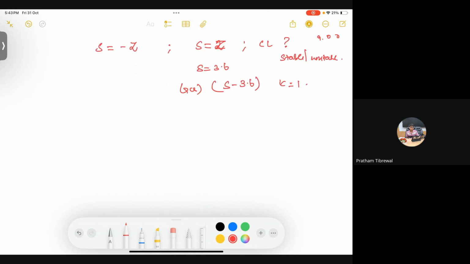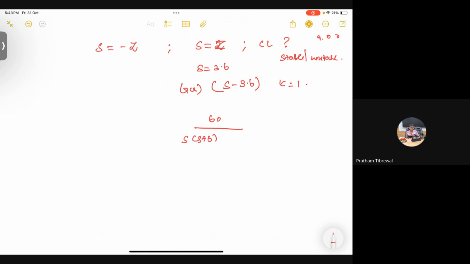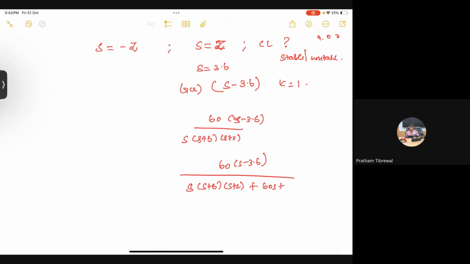So this becomes 60 by S into S plus 6 into S plus 2, S minus 3.6. Now this will become 60 into S minus 3.6 divided by S into S plus 6 into S plus 2 plus 60 (S minus 3.6).